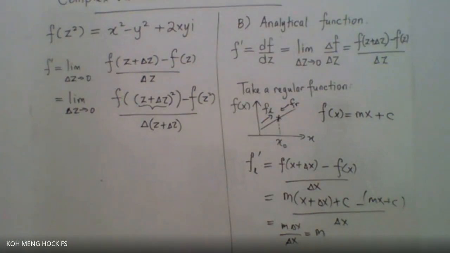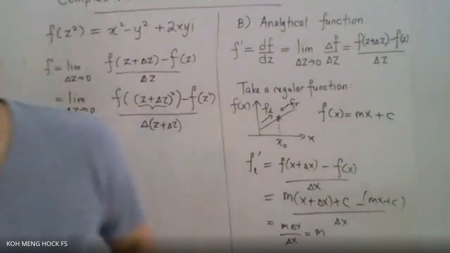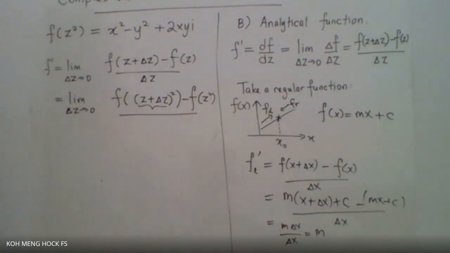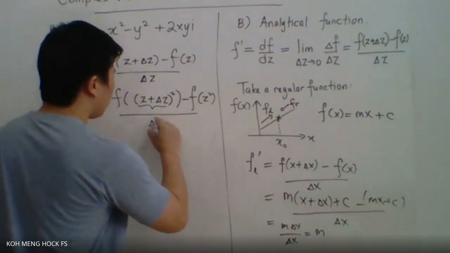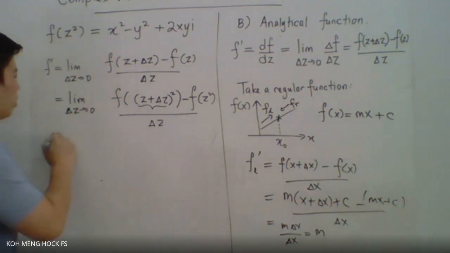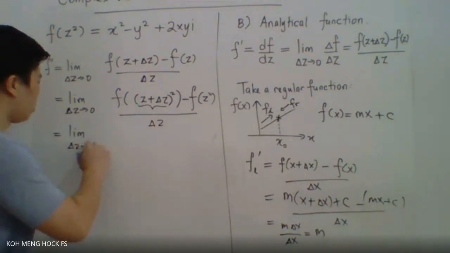So here this is the limit as delta z goes to 0.